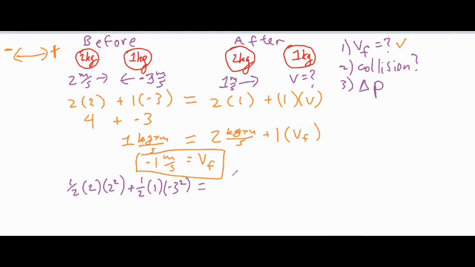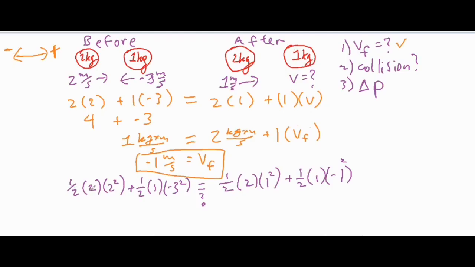And we're going to see if that equals the total kinetic energy on the other side. So we have 1/2 mv squared plus 1/2 mv squared, with our new final velocity that we just figured out.